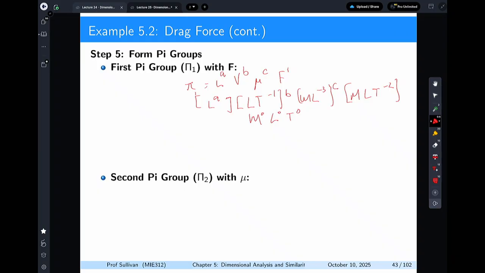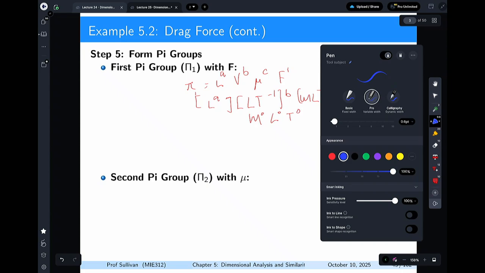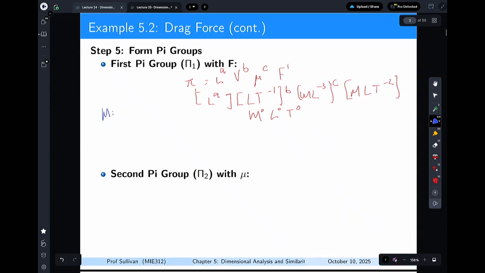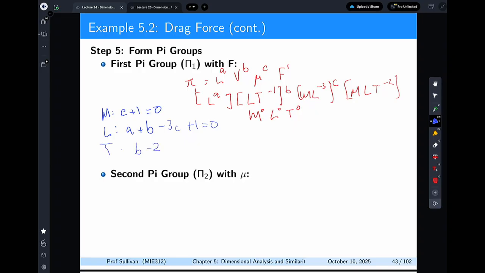For M, I have c plus 1 equals 0. For L, a plus b minus 3c plus 1 equals 0. And for T, which is b minus 2 equals 0.